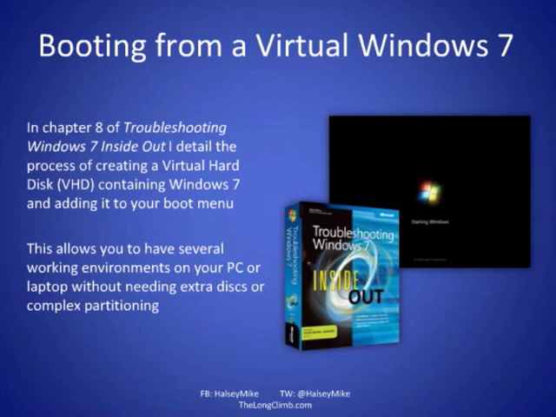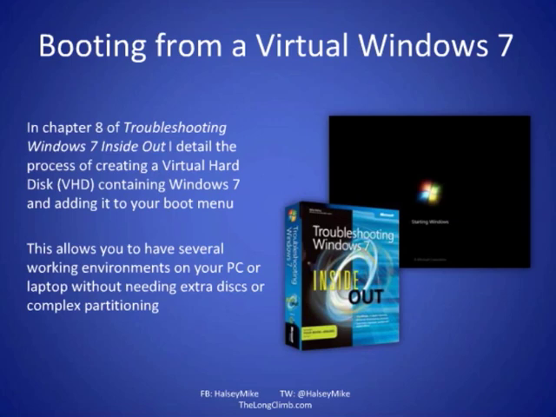Now, in Windows 7, there was a new feature added so that you could actually boot your computer from a virtual machine. You can add it to the Windows 7 boot menu. First of all, you can only do this with a virtual machine of Windows 7 or Windows Server 2008, so it's quite limited. But also, why might you want to do this?